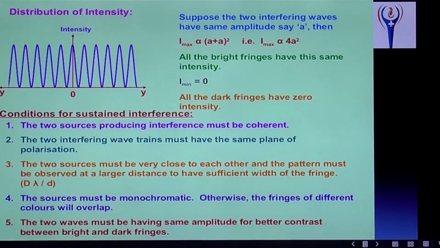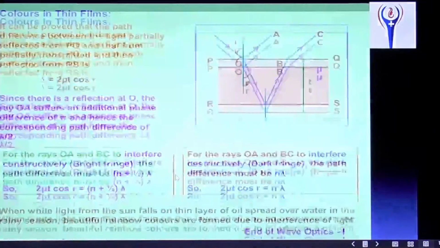What is a monochromatic light source? It is light having a single, definite wavelength. Otherwise, fringes of different colors will overlap. The two waves must have the same amplitude for better contrast between bright and dark fringes. These are the important conditions for interference.